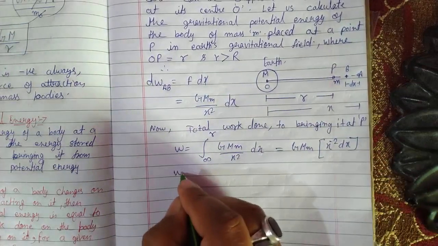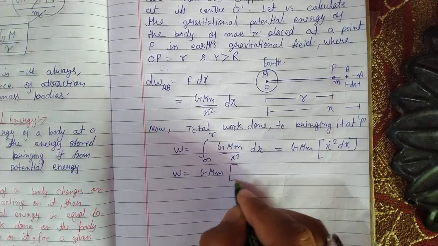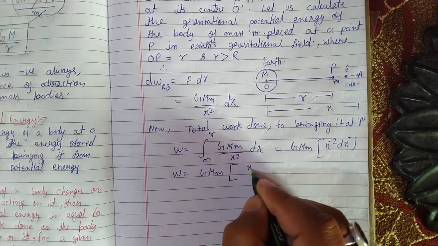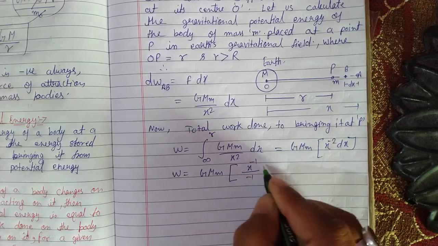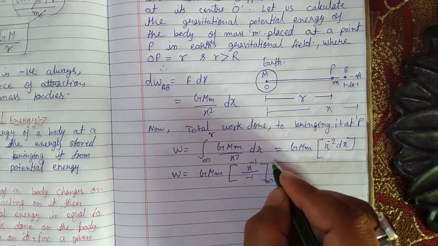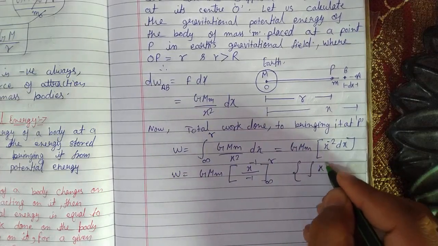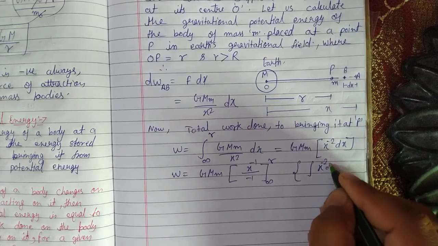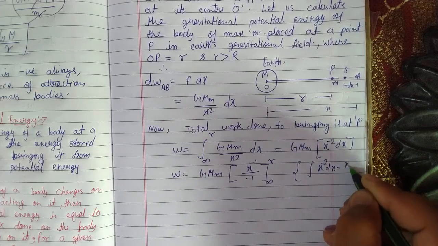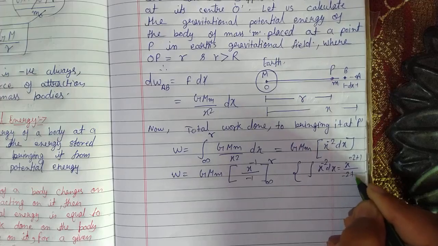Therefore W is equal to G M m times x to the power minus 1 upon minus 1 from infinity to R. Here we are using the integral of x to the power minus 2 dx equal to x to the power minus 2 plus 1 upon minus 2 plus 1.